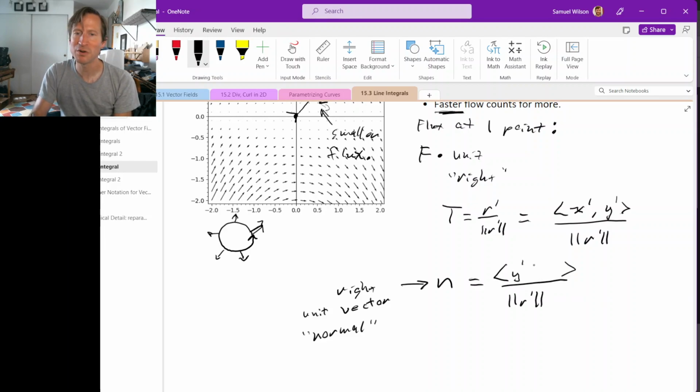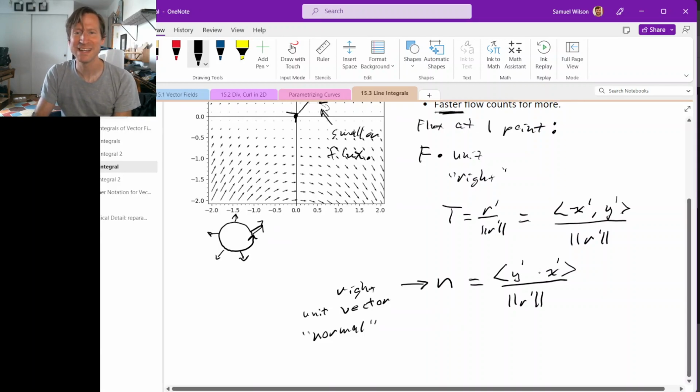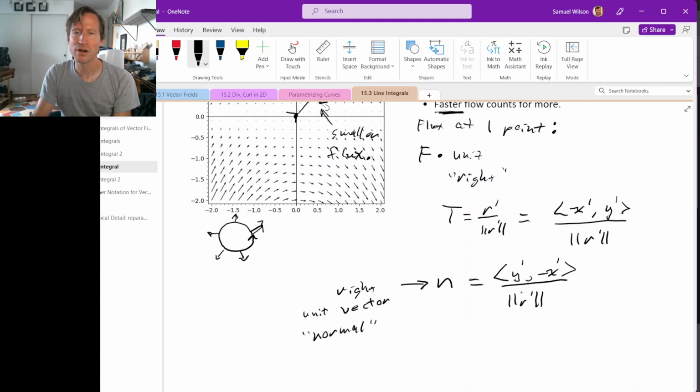So we'll put y prime over here, x prime over there, and then we also need to stick a minus sign on one of these. Which one we put the minus sign on will determine whether we get a vector pointing to the left or pointing to the right. And to get our vector pointing to the right, it turns out we need a minus sign right there. So that will be our unit normal.